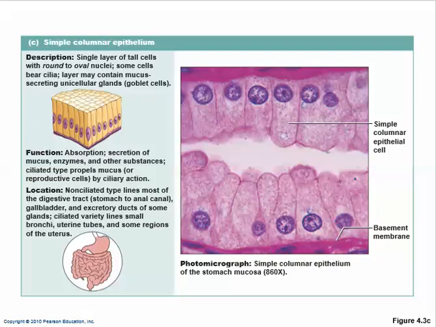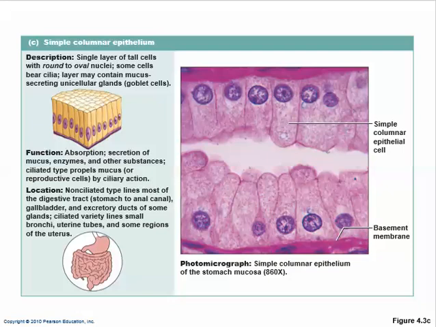So this is mucus or enzymes or other things that are made and being secreted, usually out of the apical surface. They tend to have cilia on them. Because they tend to make mucus and cilia move mucus, they tend to have ciliated ones.